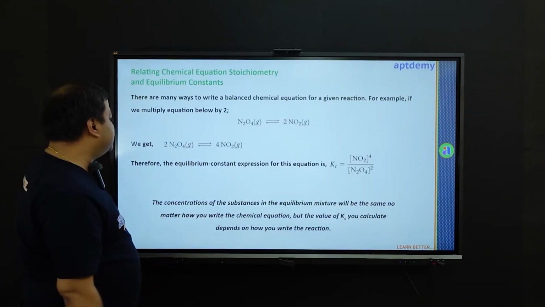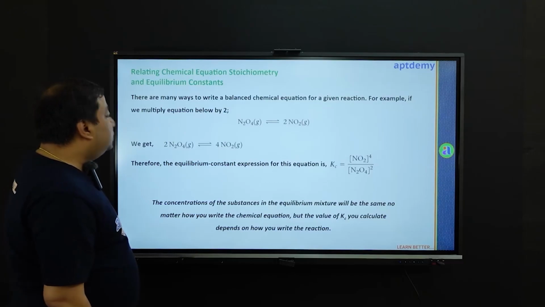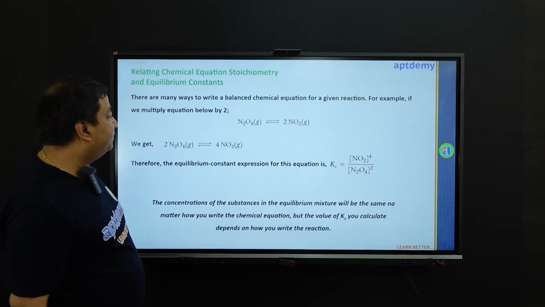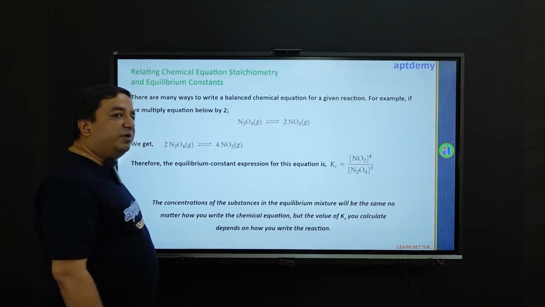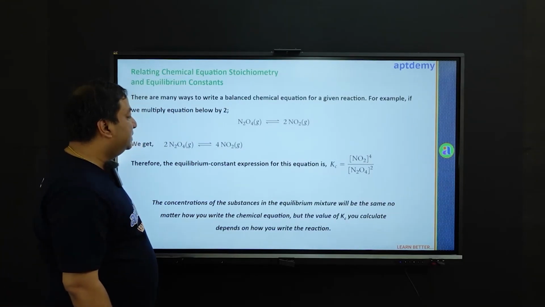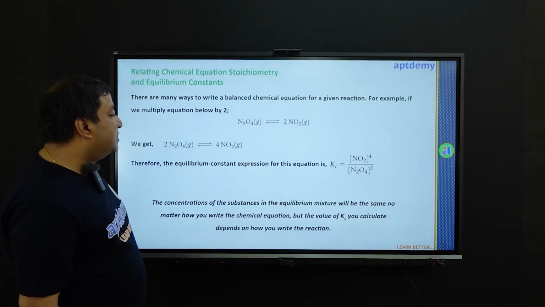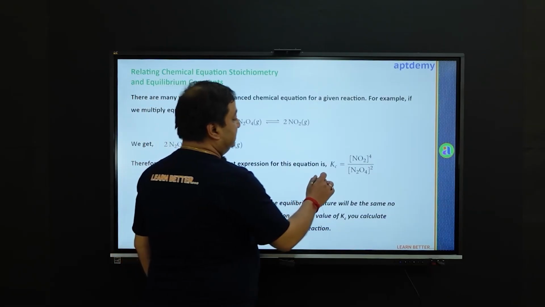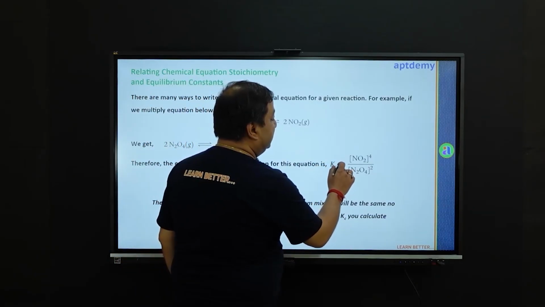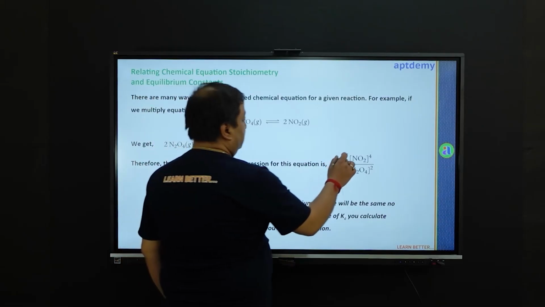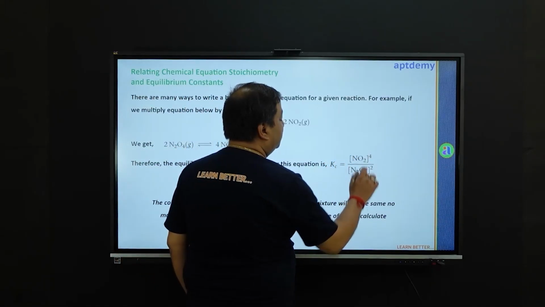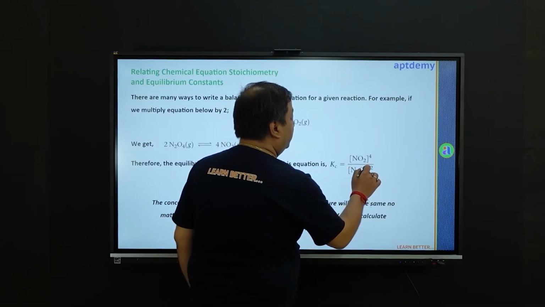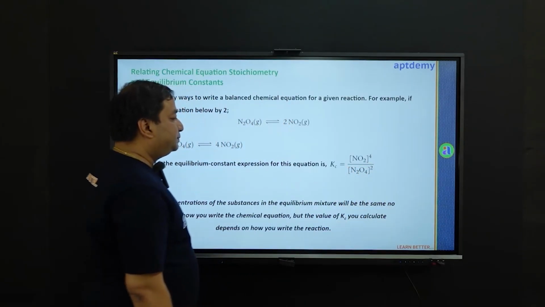The new equation is 2N2O4 gas forming 4NO2. Therefore, the equilibrium constant expression for this new equation is Kc equals the concentration of NO2 raised to the power 4 over the concentration of N2O4 raised to the power 2.